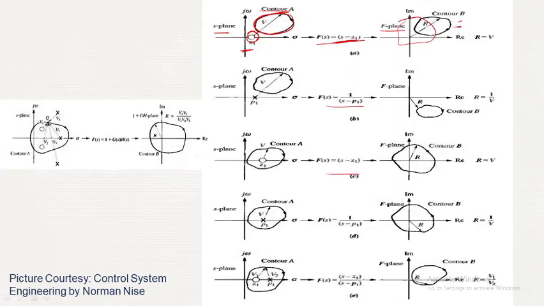So whether or not the contour will be encircling the origin depends on whether this zero or pole is lying inside the contour or outside the contour. It encircles the origin only when a zero or pole lies inside, and that too if the number of poles and zeros are different. If they are the same, then also they will cancel out. Okay.